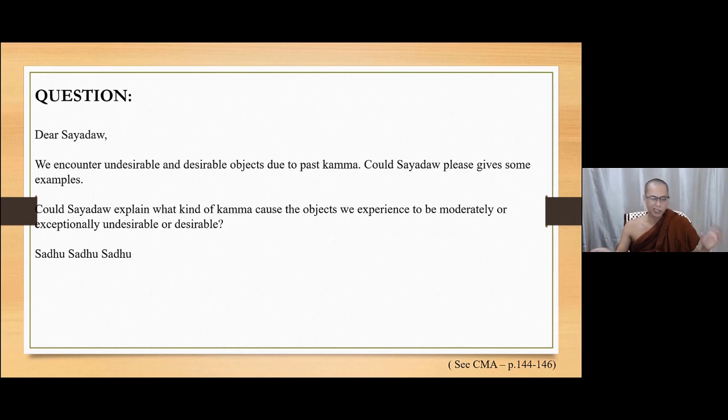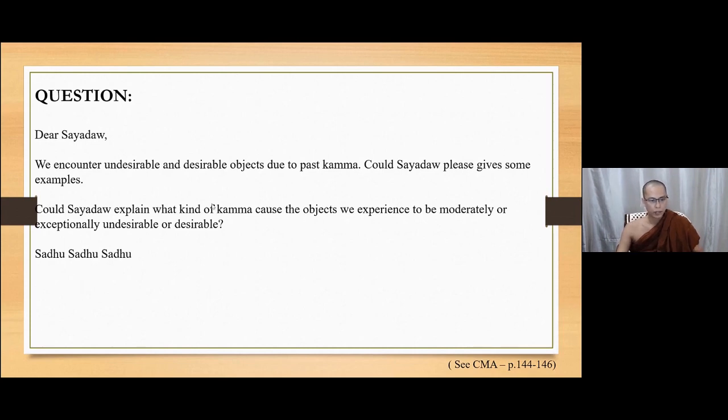At that moment, it changes to undesirable objects. So the form is horrible and the sound is horrible, you are disgusted, something like this. And this is produced by past karma. Because our karma is already complicated from the long past, the production will also not be very simple.